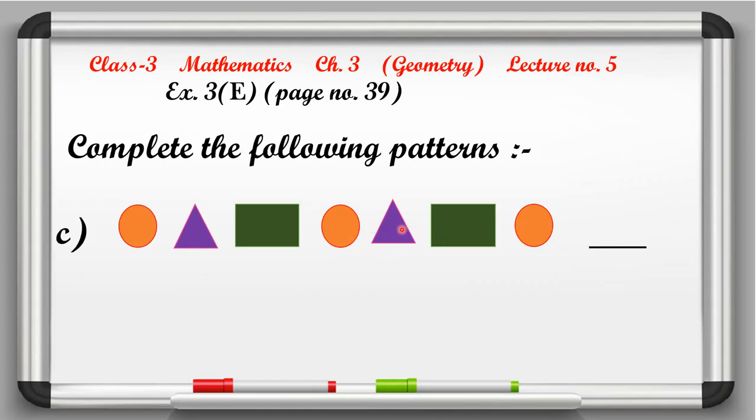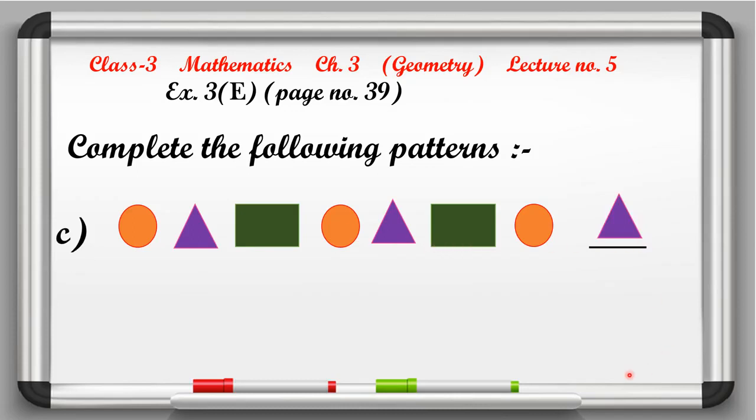You can see that there are different colors in these, but the triangle has the same color, purple. This is orange color in circles, and here green color in rectangles. So now again we have given a circle, and after the circle we have to draw a triangle with purple color.